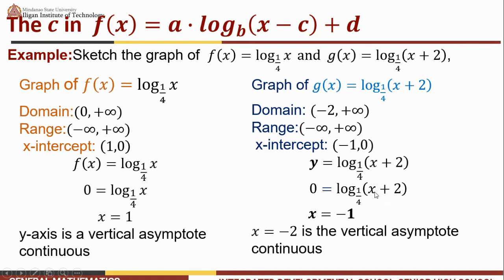So the specific value that will make this equal to 1 is just negative 1. So if this is negative 1 plus 2, you'll have positive 1, which satisfies this, so that it will be equal to 0. And we have here, for our vertical asymptote, x equals negative 2, because this will make the function undefined. And of course, it is continuous.